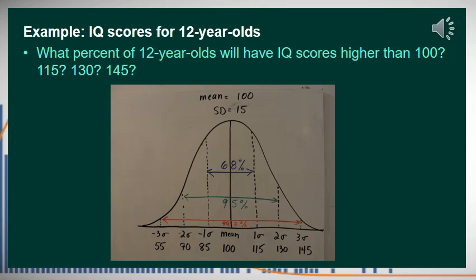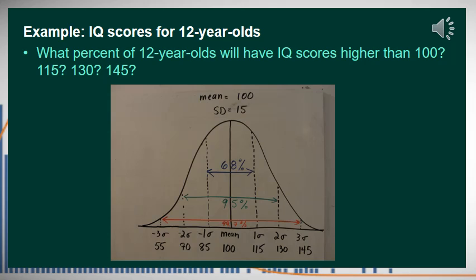How many have IQs higher than 115? Okay, now I have to remember that between 85 and 115, I have 68% of the kids. This means that 32%, the remaining kids, will be either below 85 or above 115. Half of them will be above 115, so this is 16%.